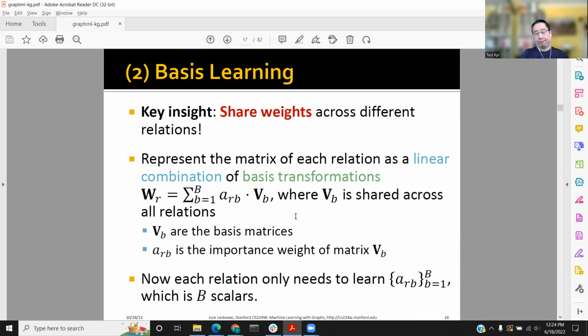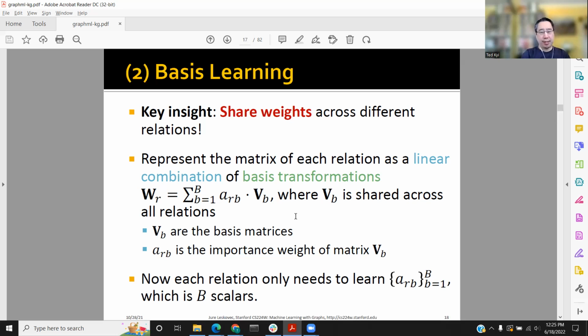So if I pick, I don't know, 16 bases, then it's some constant times matrix 1 plus some small constant times matrix 2 plus some constant times matrix 3, all the way up through 16. And if your basis matrices are fixed, then all you're doing is just learning the 16 weights.